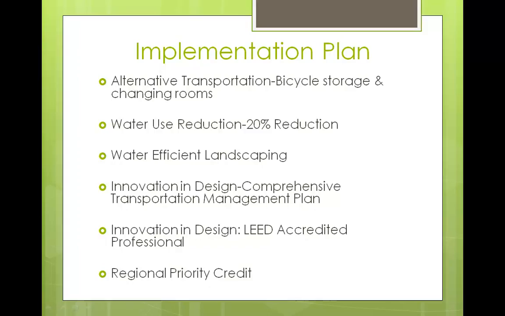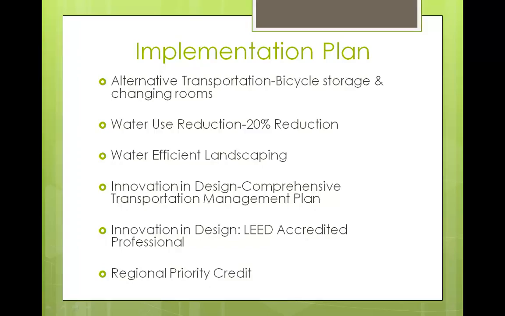In Water Efficient Landscaping, a drip irrigation system would be installed and positioned where the dripping is run beneath the surface and focused directly on the plant's roots. Also, a non-potable water irrigation system will be installed to eliminate the use of potable water for irrigation. This will allow us to count every credit in the water efficiency section.